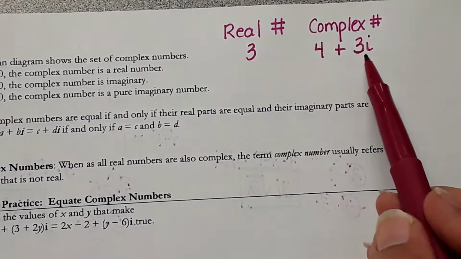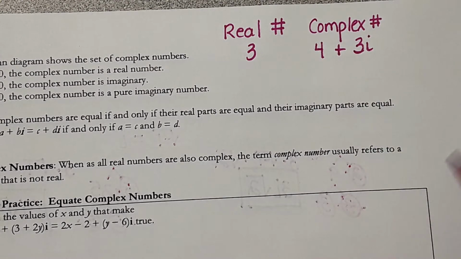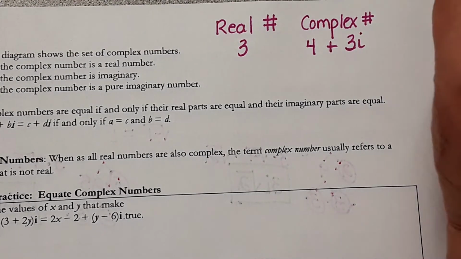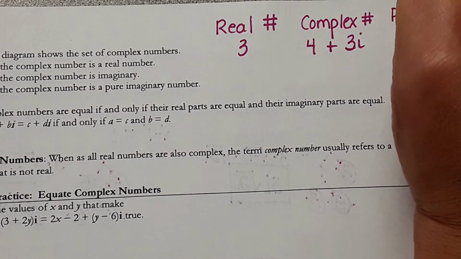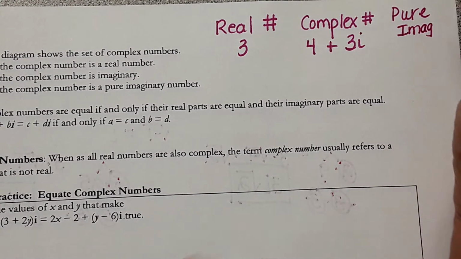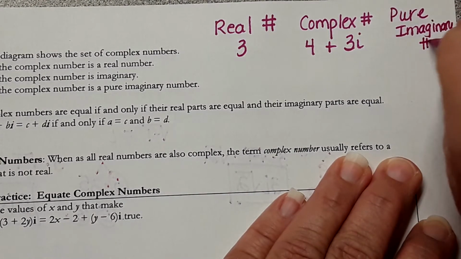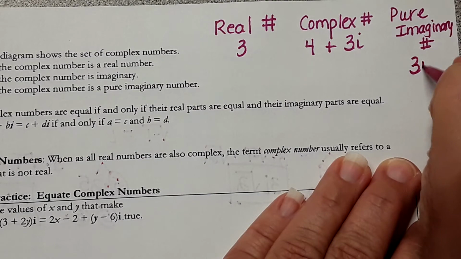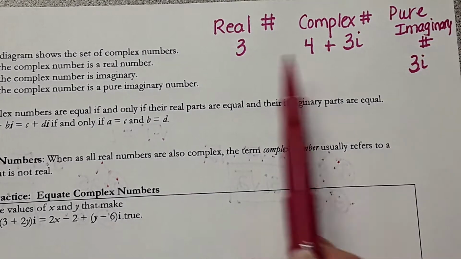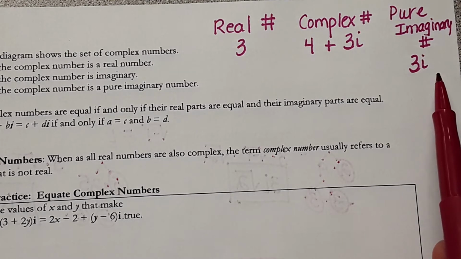So as soon as you add an i, it becomes a complex number. And then we have our pure imaginary number, and that's just going to be 3i. So again, real, complex, pure imaginary.